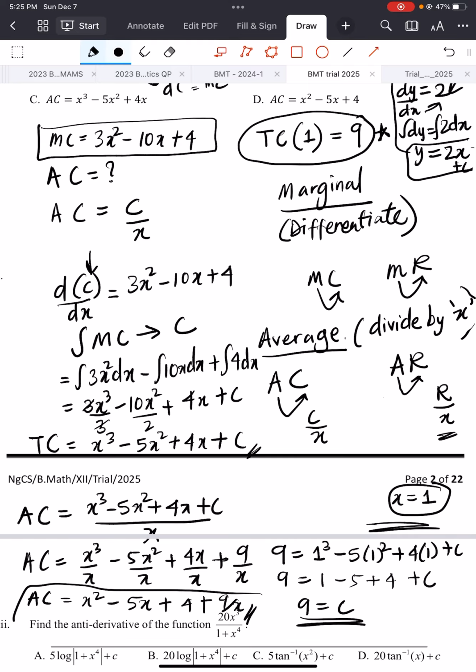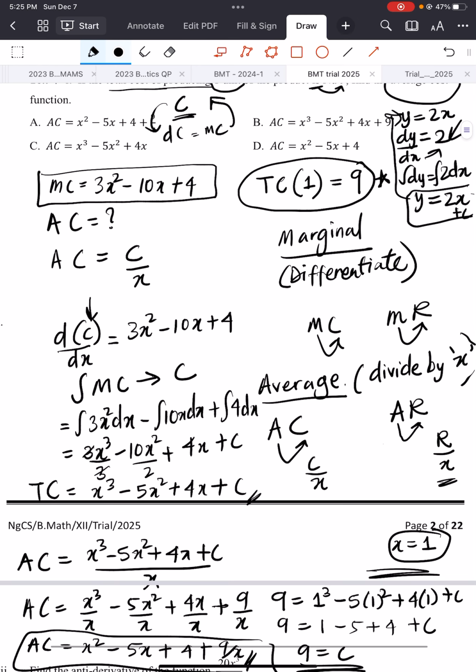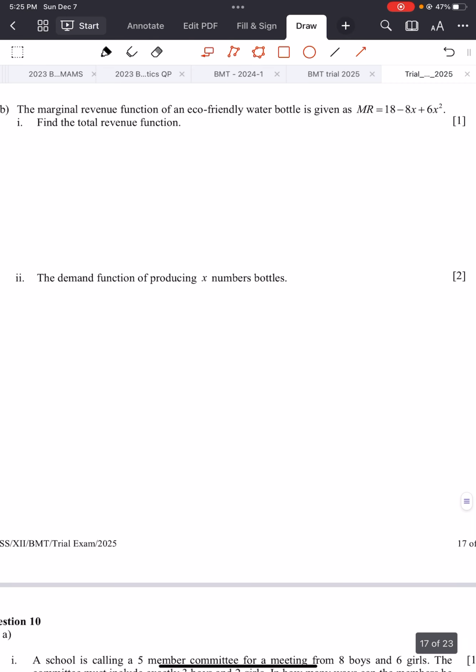So the answer is the option you have here, option A. So this is how we find it out. Basically what I'm trying to say is, when you have something called marginal revenue or marginal cost, you just have to remember that marginal means differentiate.